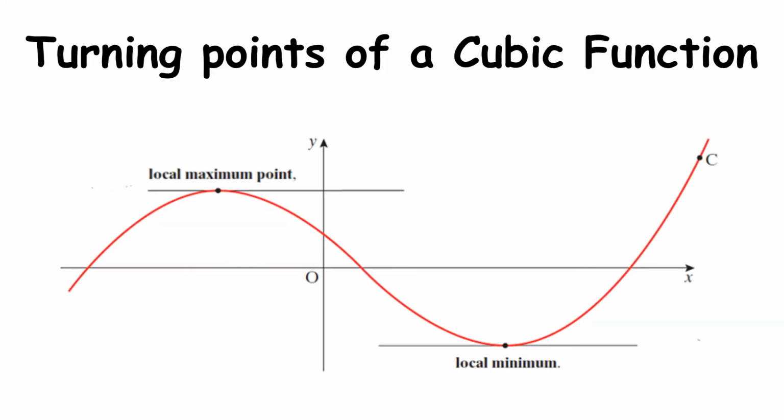Going back to our cubic here, hopefully you can see that at both of these points, if I draw a tangent, it's flat. That means that it has no slope, or the slope is 0. In order to get the slope at any given point, or the slope of a tangent, we differentiate, so dy dx.